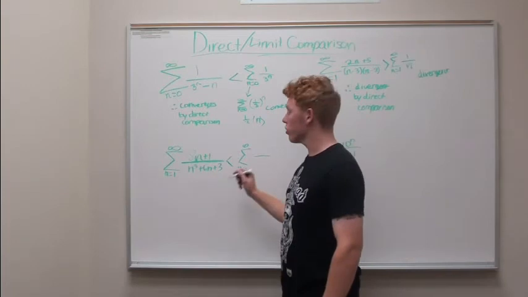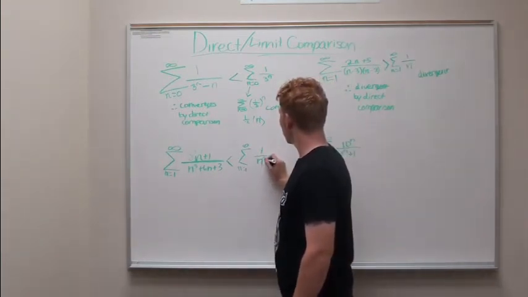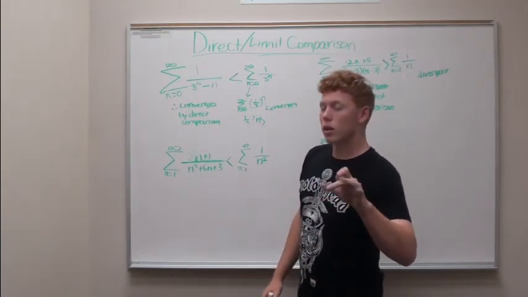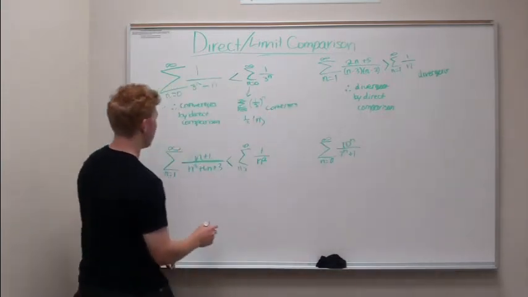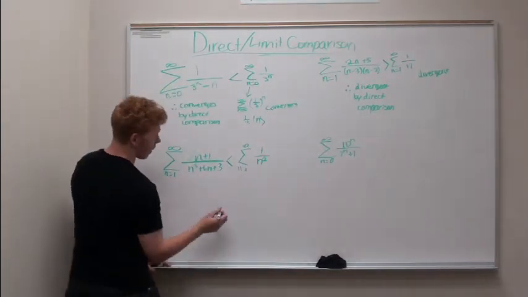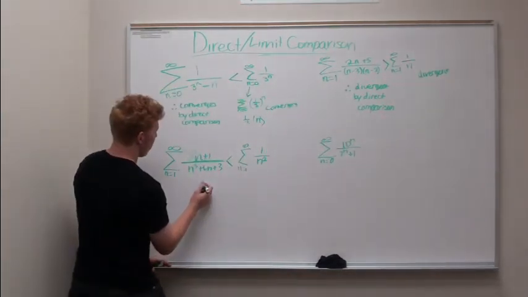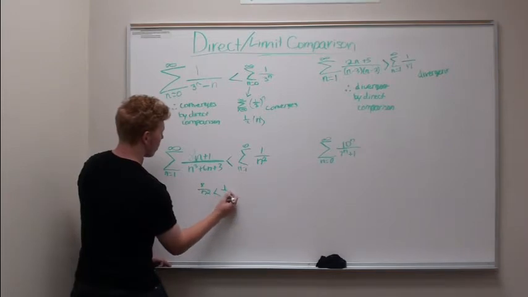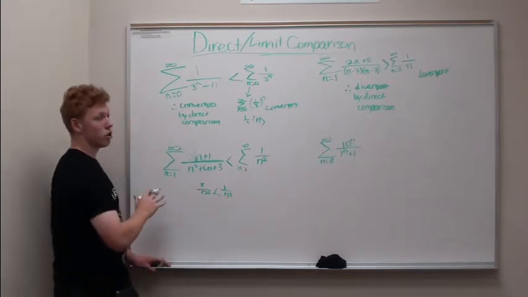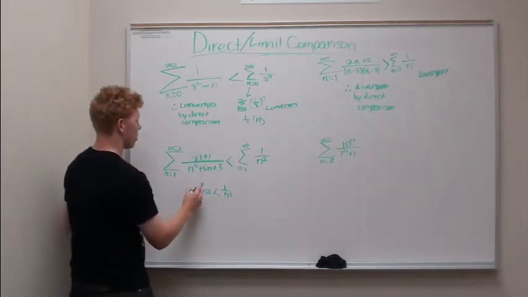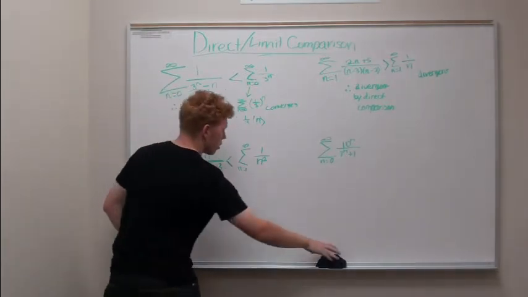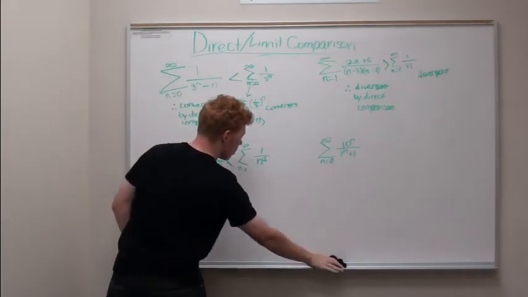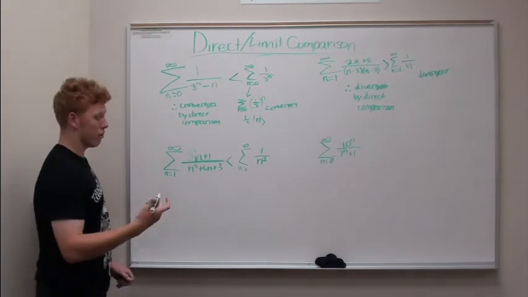If you ignore the coefficient, it would be 1 over n squared. However, the issue with this is, you simplify out 8n over n cubed, it would be 8 over n squared. But 8 over n squared, when set up into an inequality like this, does not hold true. So, in this case, you'd have to do limit comparison.